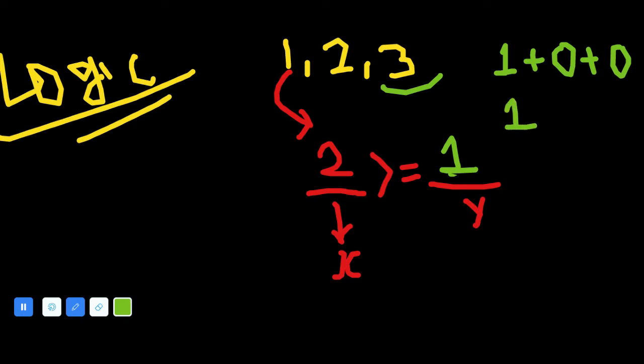And when we place 2 here, the logic will also be true, so we add 1 more. When we place 3 here, the logic will be false, as 2 is not greater than 3 and not equal to it. So we will add 0. You can see for number 2, this logic is true 2 times.